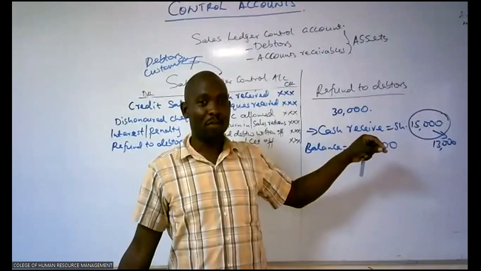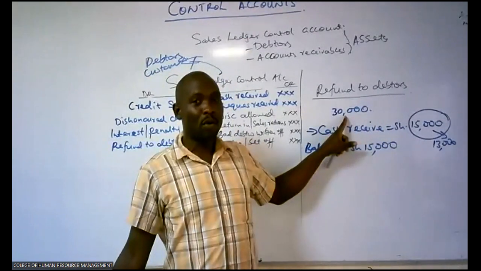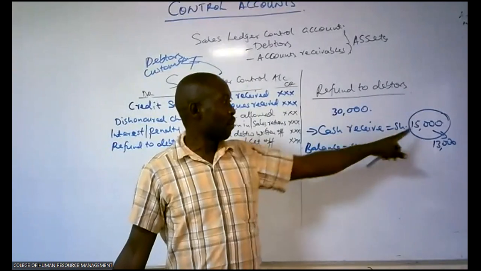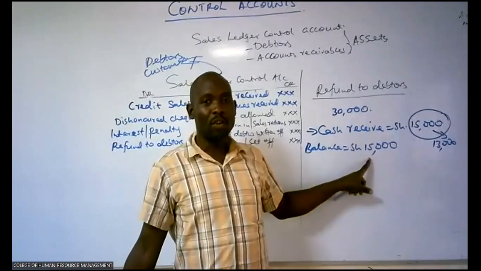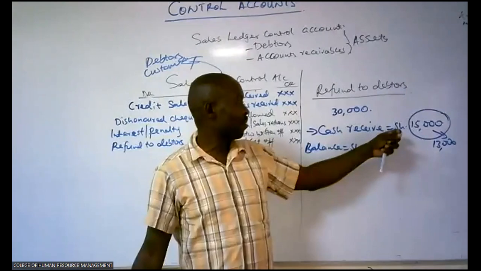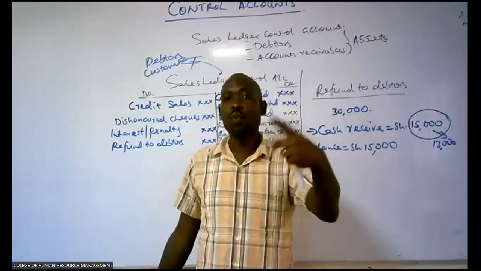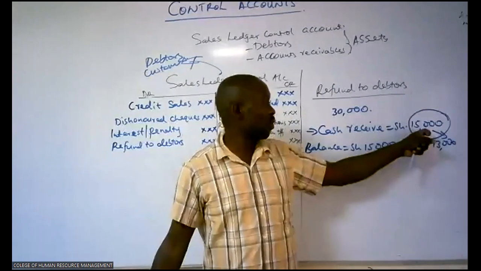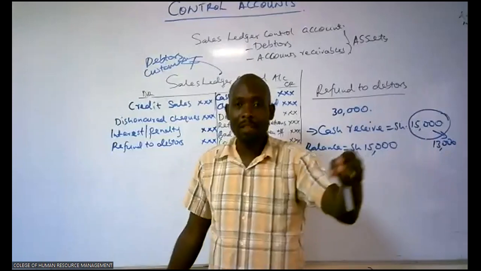Maybe it has confused a few. Your total amount that was receivable was 30,000. Somebody paid you 15,000, so from your calculation, you are expecting 15,000 from the rest of the debtors. But this person who paid 15,000 overpaid by 2,000, so you are supposed to do a refund. If you refund this person 2,000, therefore this person is like he paid you 13,000.